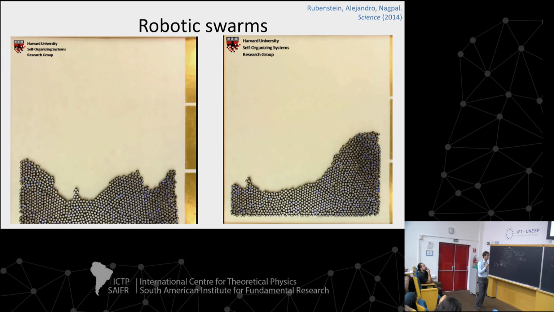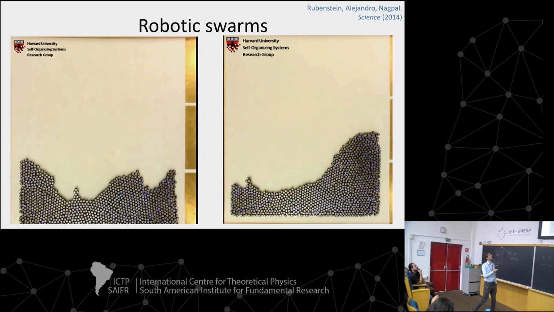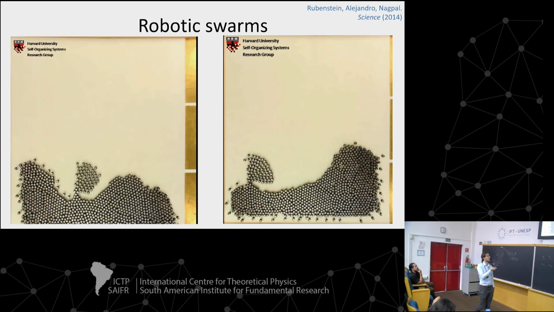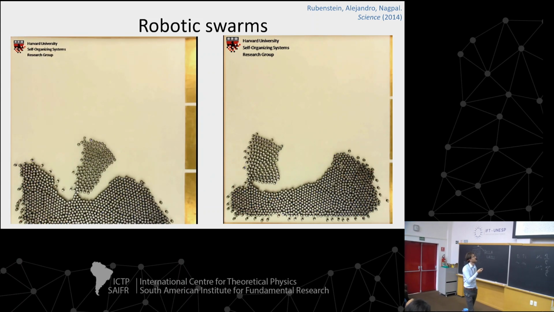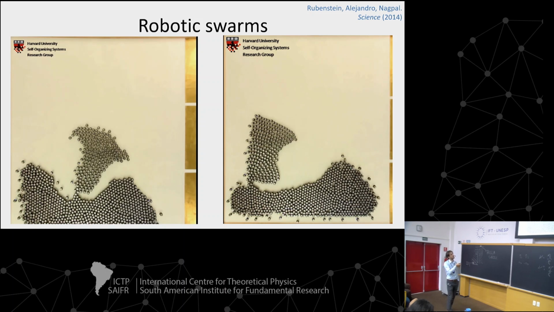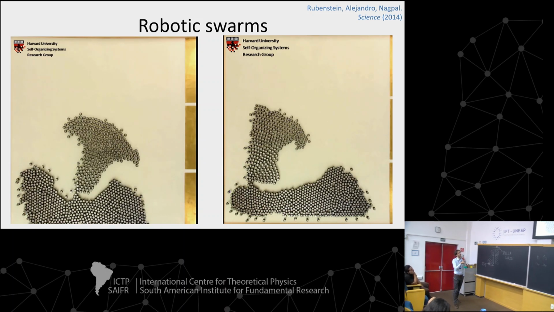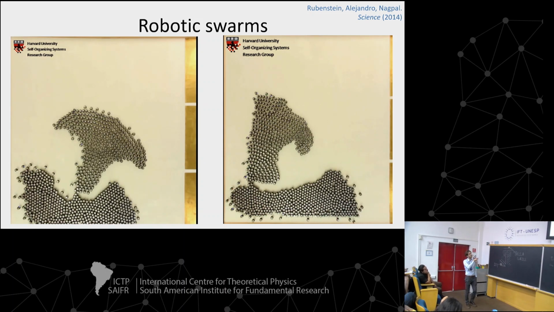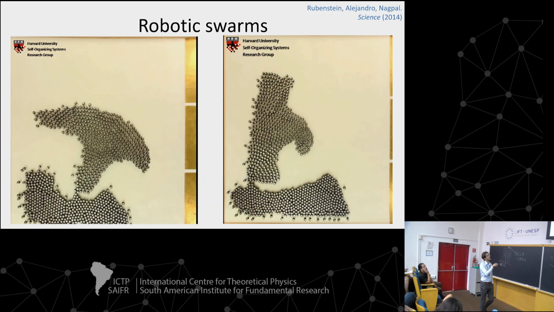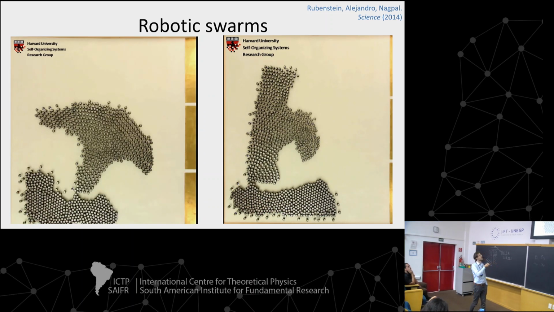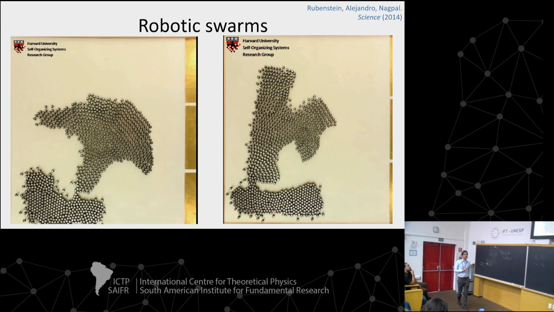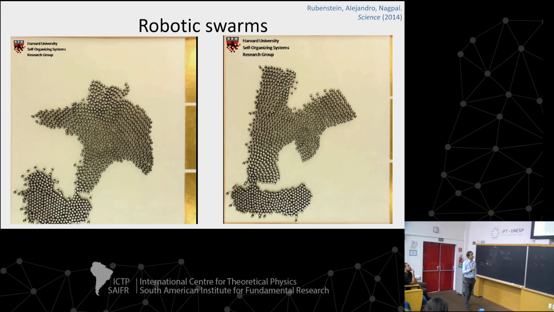Another reason to study active solids is various applications that are more technological. One of them is robotic swarms, and what we'll talk about is very much a robotic swarm. This one is a liquid one, or one that's programmed to flow into a particular shape. But you could also imagine connecting these robotic swarms into solids, right?